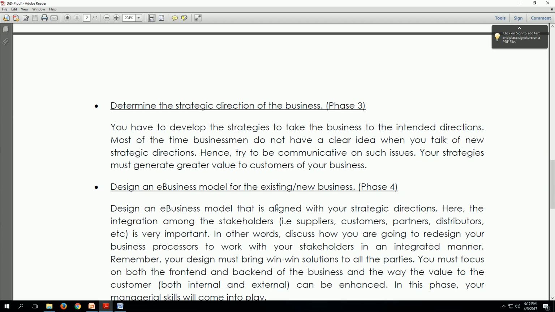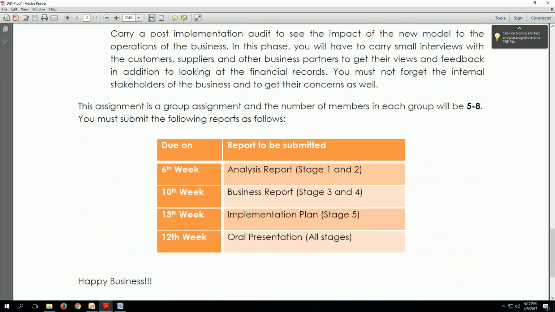Implementation means that you try to implement an e-business model and e-business systems, and you can recommend; you don't have to develop them from scratch. You can look into various options, and you suggest and let them see the importance and how you're going to do this. So that's what it is.